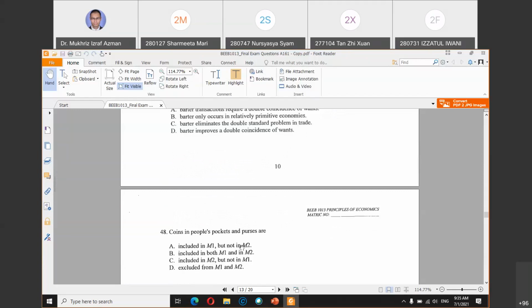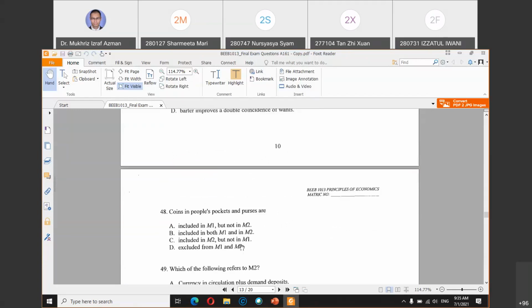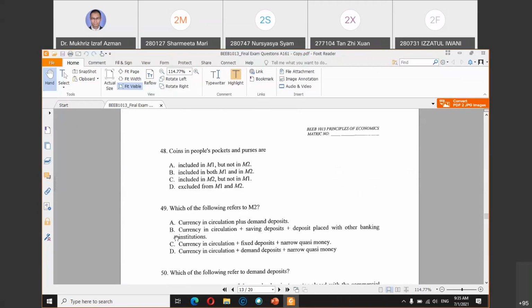Again, this is a definition. We know that M2 includes M1. M1 is more narrow, M2 is much broader. Whatever is in M1 is also included in M2. So is it A or B? And then, what refers to M2?